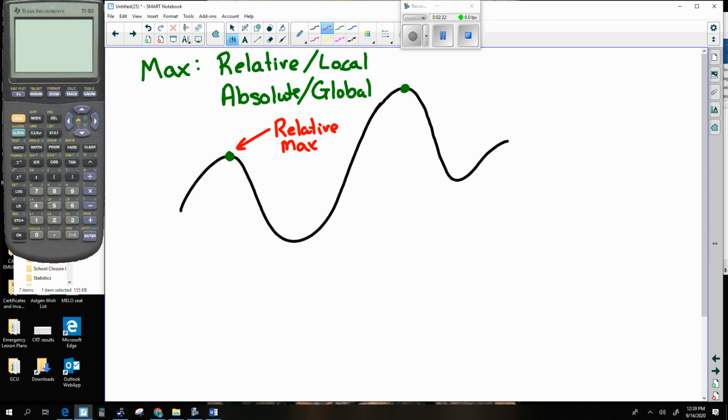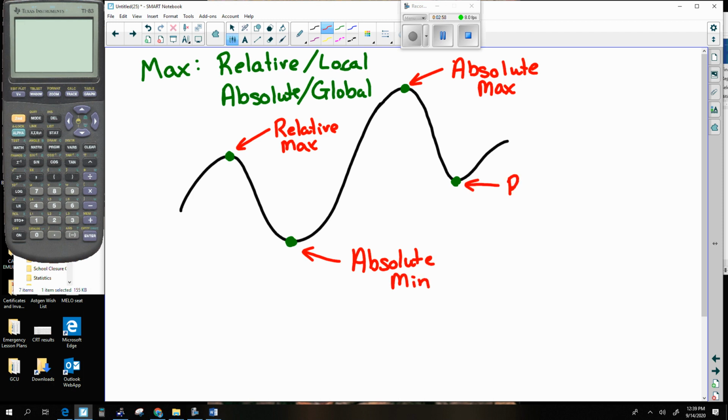The highest one of all of the maximums, the top dog of all of them, that would be the absolute. And the same with the minimums. There's a minimum there, minimum there. The lowest is the absolute, and then all the others are relative.